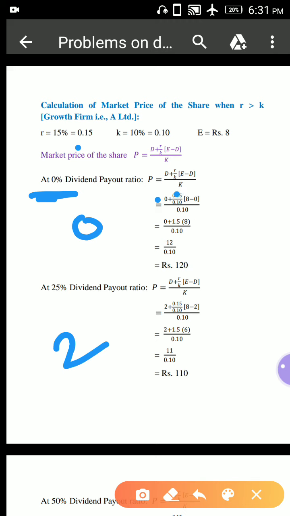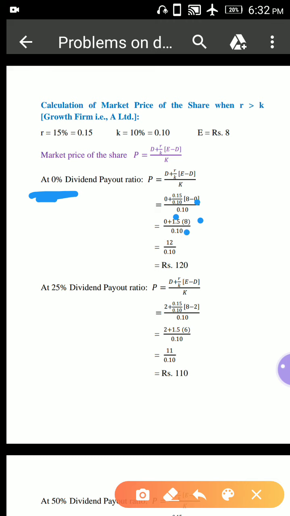Once again, here D value is 0 plus R by K, R that is 0.15 divided by K 0.10 into EPS that is 8 minus 0 divided by K that is 0.10. Now 0.15 divided by 0.10 is 1.5.